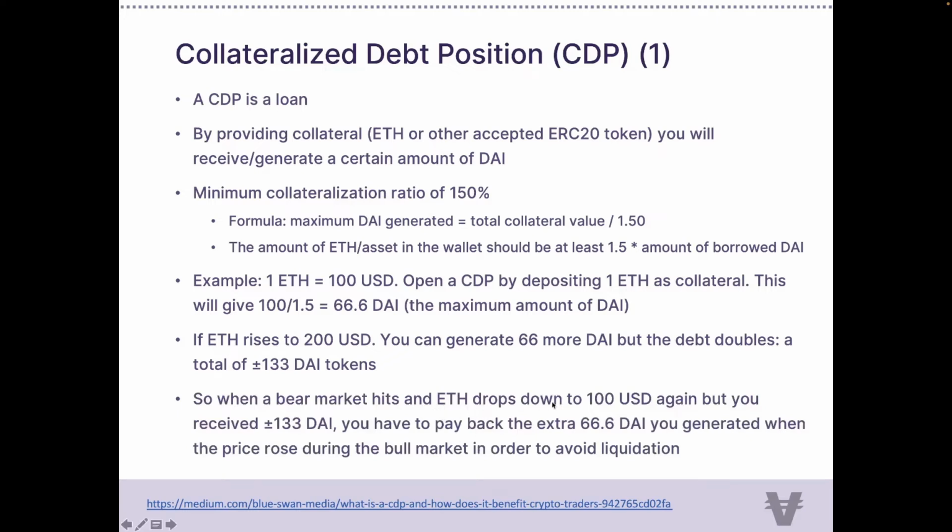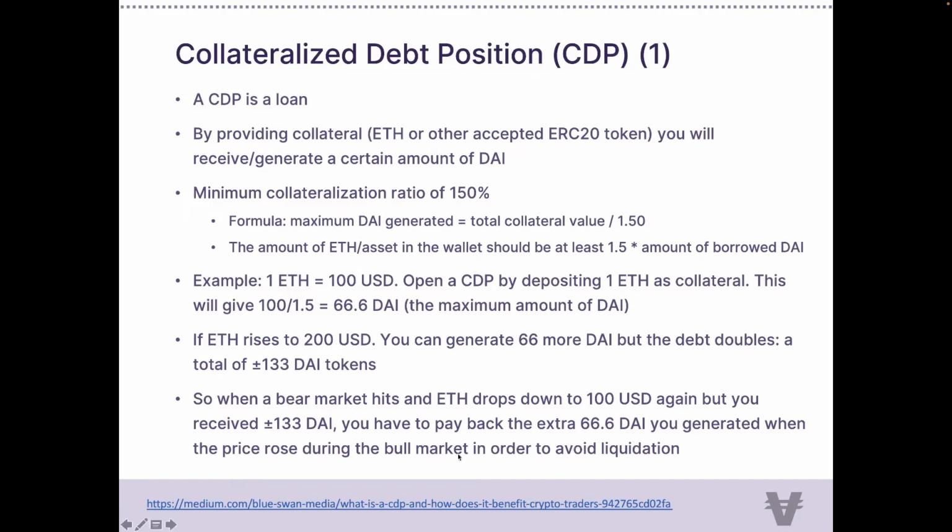When ETH drops down to $100 again, and you chose to generate 66 more DAI, you have a total of 133, you have to pay back the extra 66.6. And if you are not able to pay that back, you will be liquidated. How exactly that happens, we will talk about.